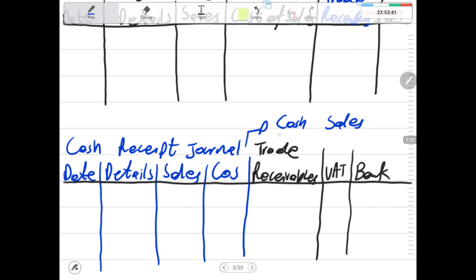And here we also record cash received from debtors. That means when the customer is paying us, we receive money in the cash receipt journal. So we have receipt from debtors, meaning receipt from trade receivables. In other words, remember, debtors are trade receivables.